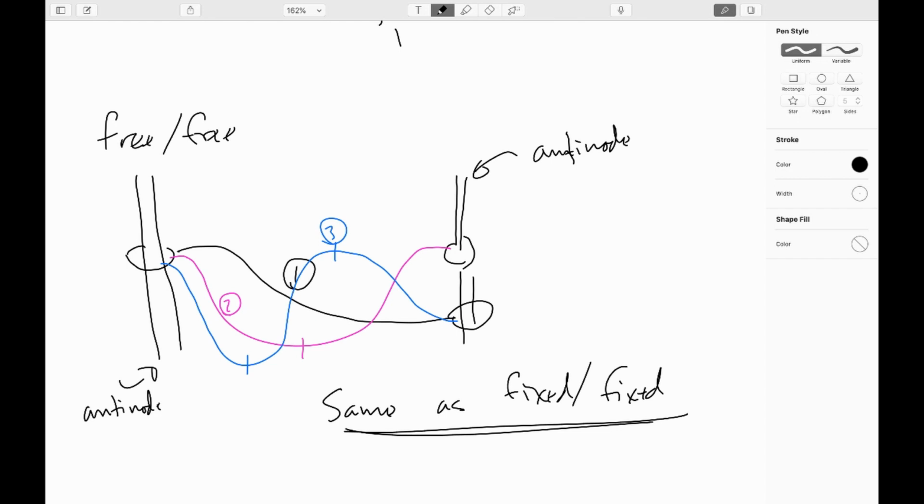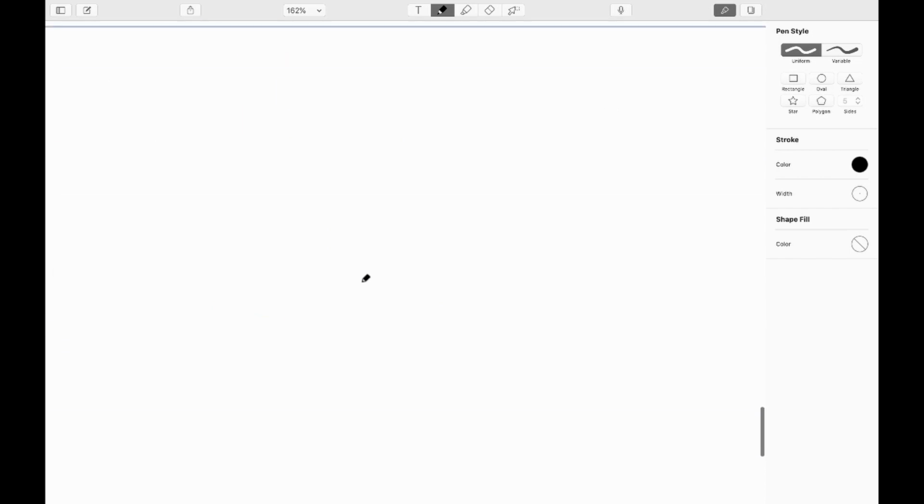Where things will be different is if one end is fixed and one end is free.